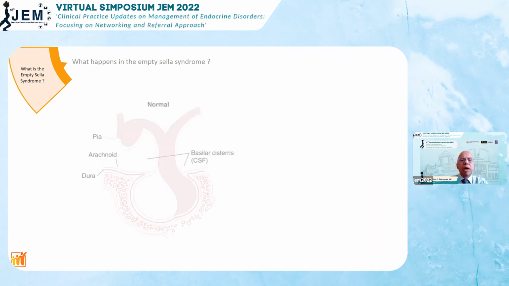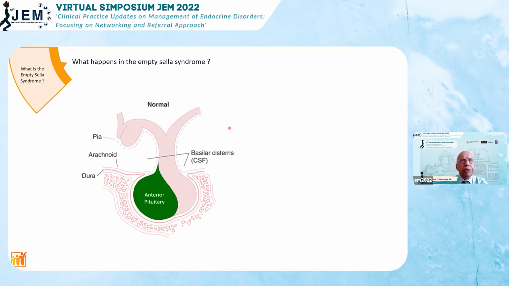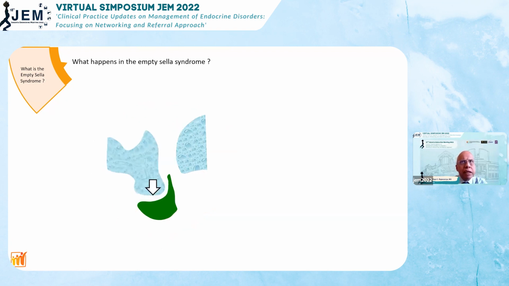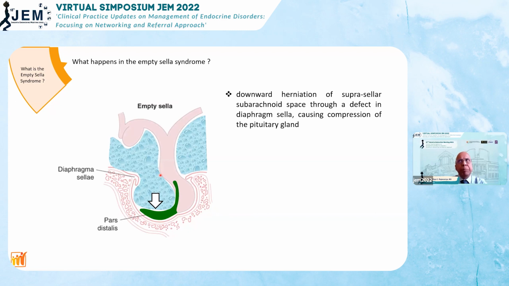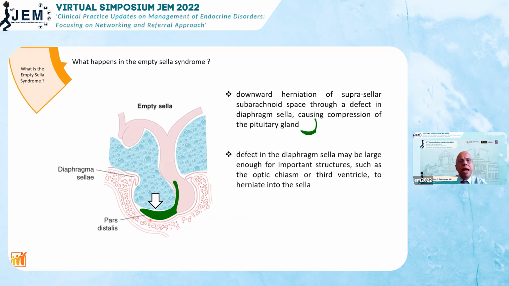Now, about the empty sella, you are familiar with these structures. That's the anterior pituitary, and there's CSF, cerebrospinal fluid, in the arachnoid space. And the diaphragma sellae sort of occupies that area. In empty sella, what happens is there's a defect in the diaphragma sellae. So the pituitary gland gets very compressed, and the defect allows the CSF to move downwards and cause a compression.